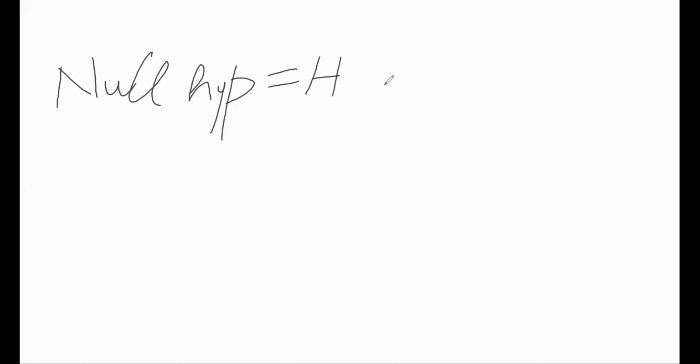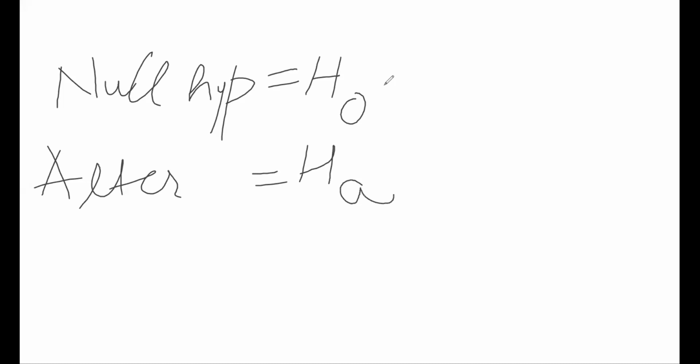So basically, first is what is the null hypothesis. Null hypothesis is usually represented by H naught. Another one is the alternative hypothesis, which is usually represented by HA or H alpha. And what is the basic difference between null and alternative hypothesis?